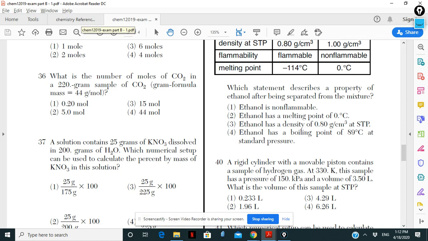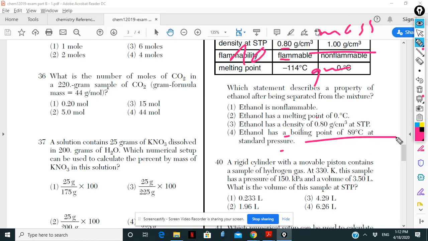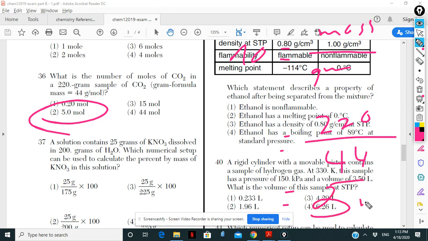So what I'm going to do is 220 divided by 44. If you're doing your calculation, it's 5. So the answer is 2, 5 moles.